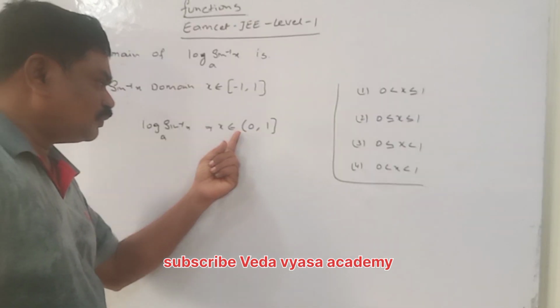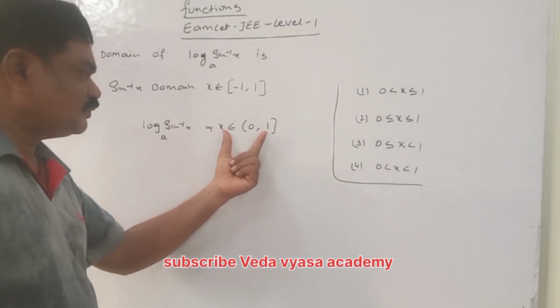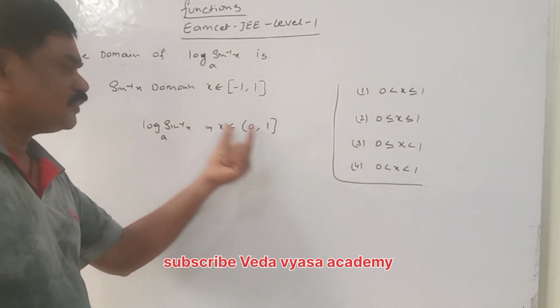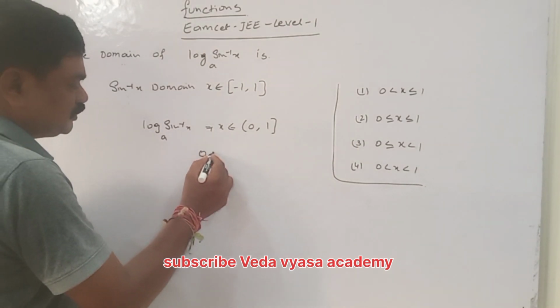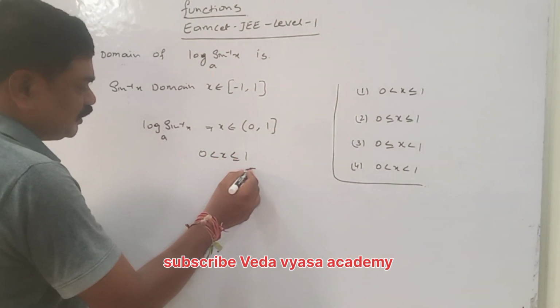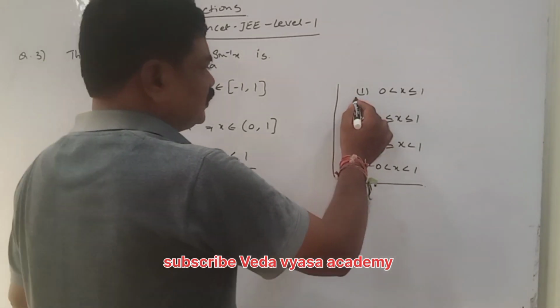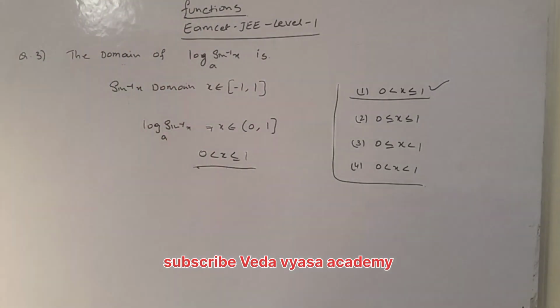So open 0, closed 1, that is positive numbers. Here the domain is this one, so x belongs to 0 less than x less than or equal to 1 is the answer. Option 1 is the answer.